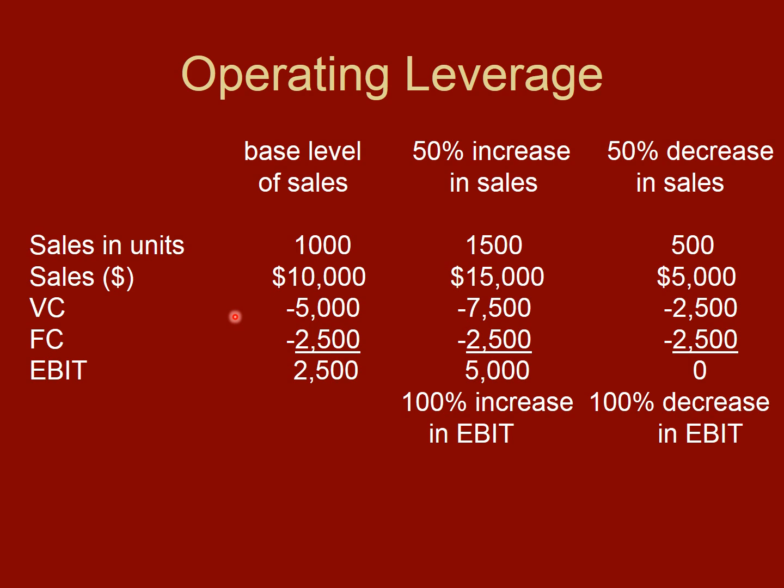If we assume the variable cost is $5 per unit, and again all those numbers would have to be given to you, then our total variable cost would be $5,000. We're told that our fixed costs are $2,500. So our earnings before interest and taxes come to a total of $2,500. We can stop there. This is just the top portion of the adjusted income statement, and we can stop there to determine our degree of operating leverage.